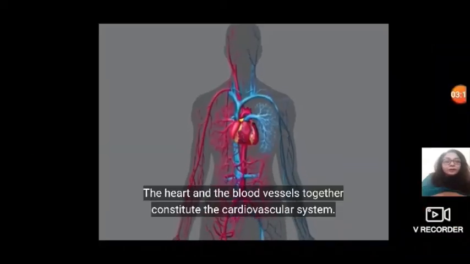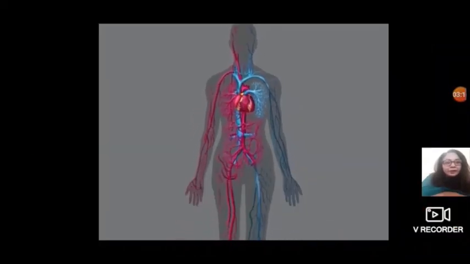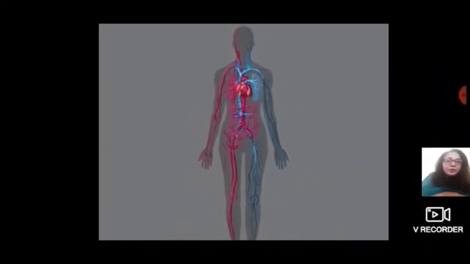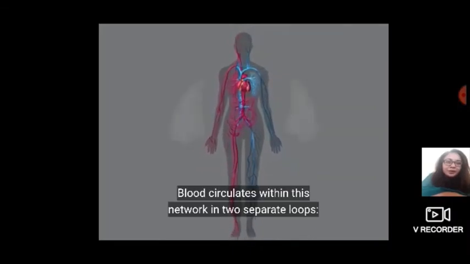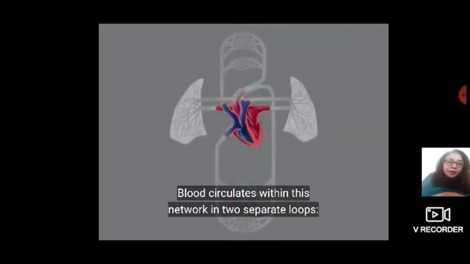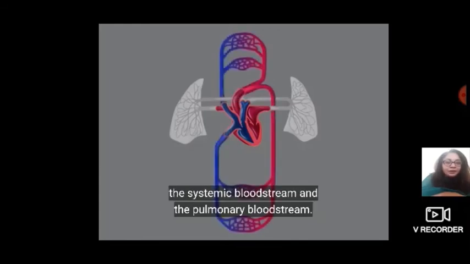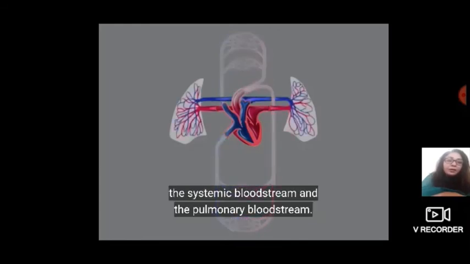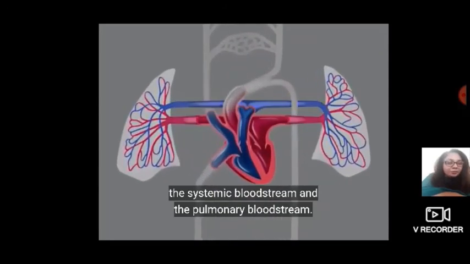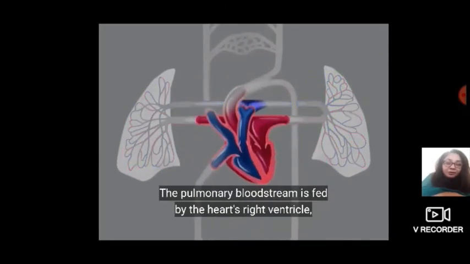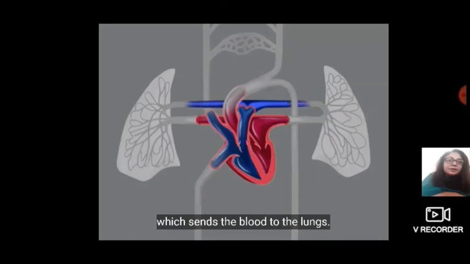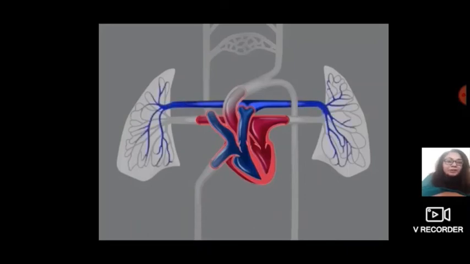Let's understand. The heart and the blood vessels together constitute the cardiovascular system. Students, blood circulates within this network in two separate loops: first, the systemic bloodstream and the pulmonary bloodstream. The pulmonary bloodstream is fed by the heart's right ventricle, which sends the blood to the lungs.